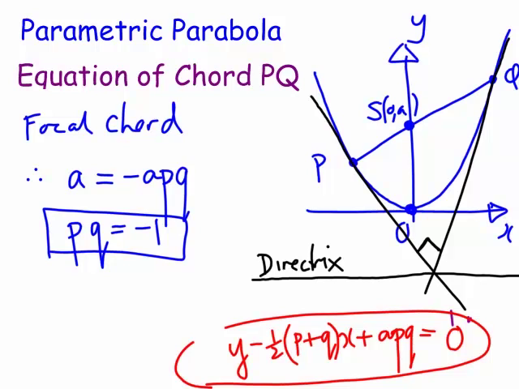Therefore, as you can see, though the diagram is not terribly well drawn, they intersect at right angles. You will need the y value of the point of intersection of the tangents to show that they lie on y equals minus a. I think it was minus apq from memory. So they lie on the directrix y equals minus a. All right, thank you for watching, and bye for now.